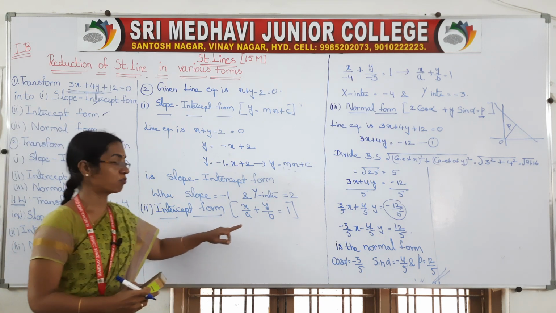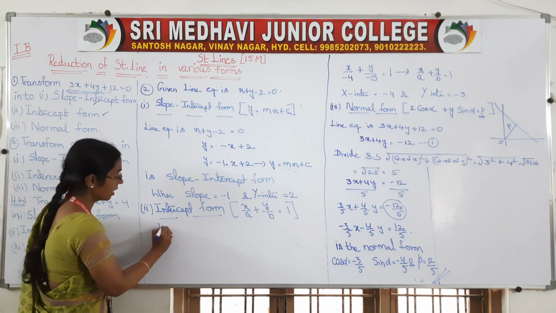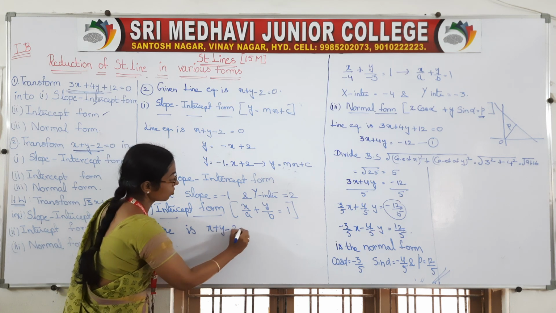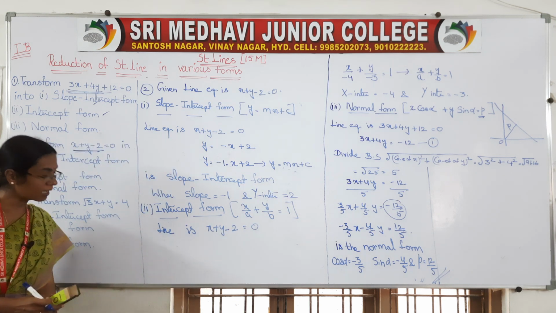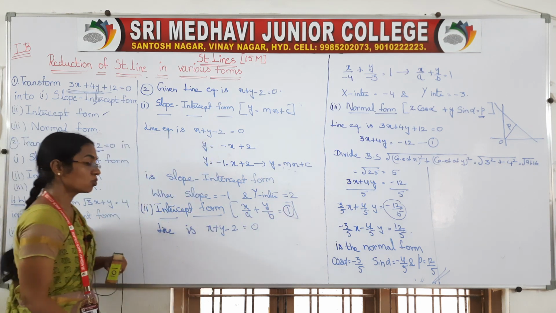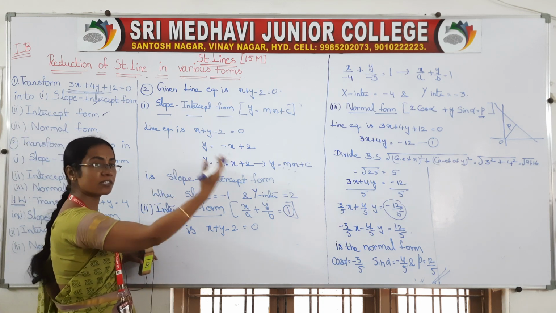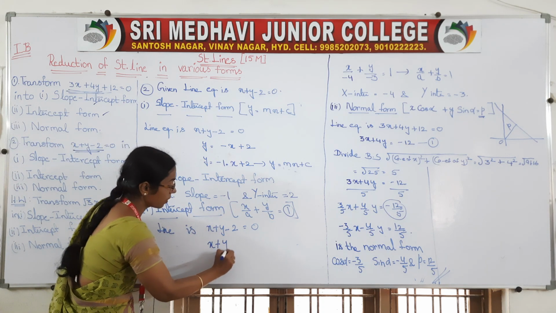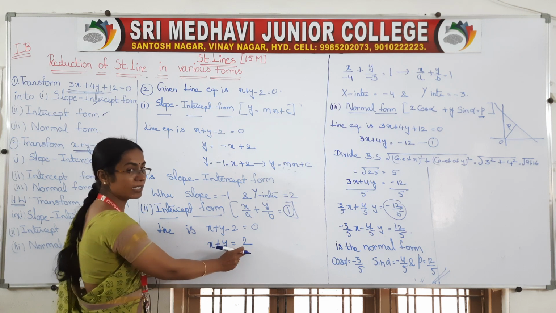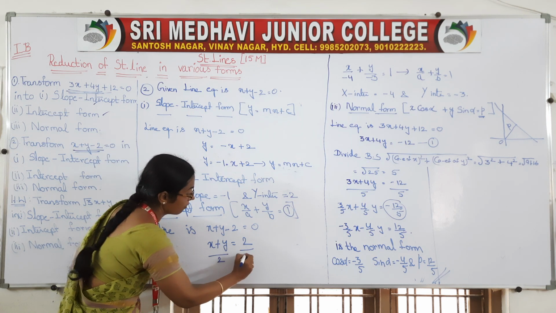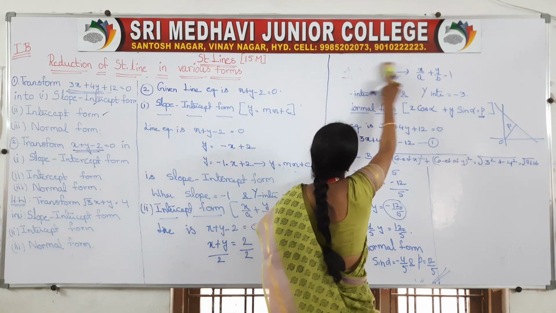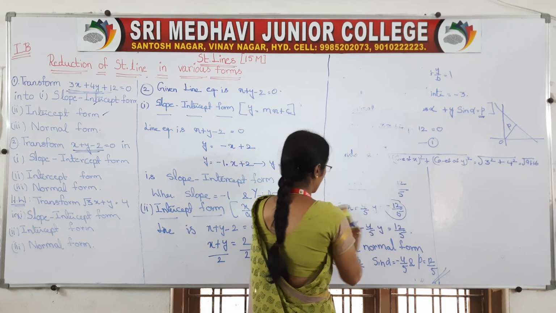While converting the line equation x plus y minus 2 is equal to 0 into intercept form, our first aim should be to get this 1. How? First send the constant term to the other side. So x plus y is equal to 2. This should be 1 on the right side, so divide both sides by 2, and the 2 will get cancelled.